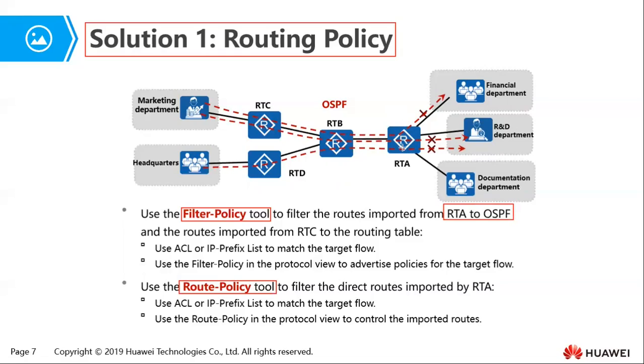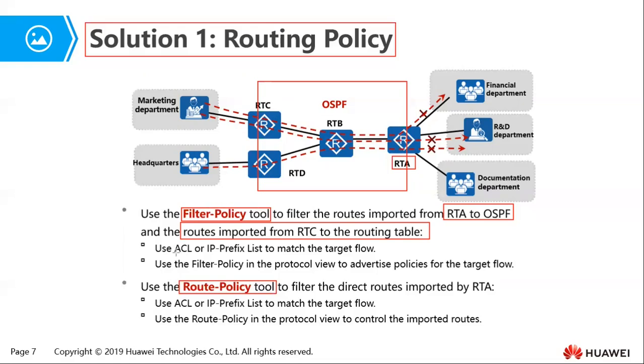So we want to control the routes that RTA will import into this OSPF area, because OSPF is between these interfaces. So if these interfaces are not participating in OSPF, then what can we import into OSPF? A filter policy will help us to do that. And also routes that are imported from RTC to the routing table. So what is it able to learn from OSPF? We can also do that using a filter policy.